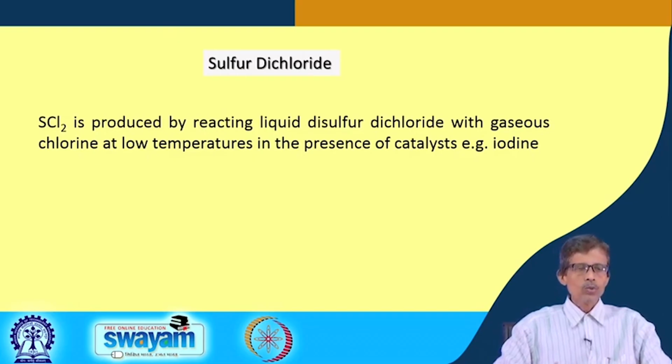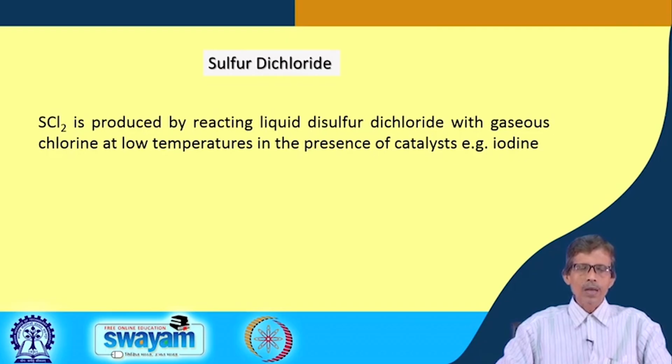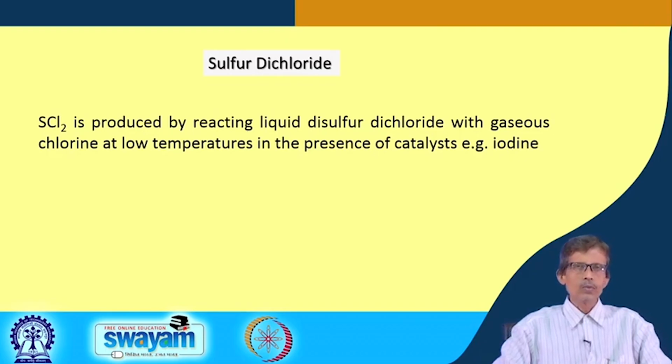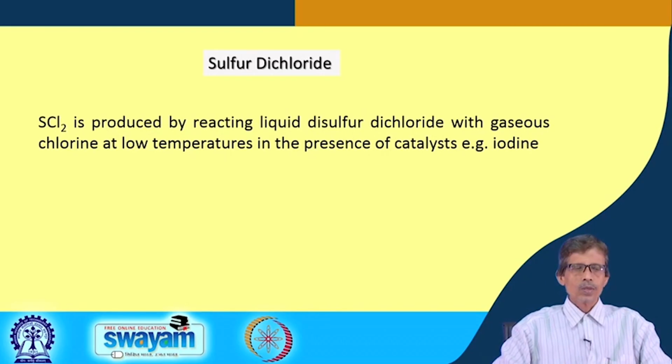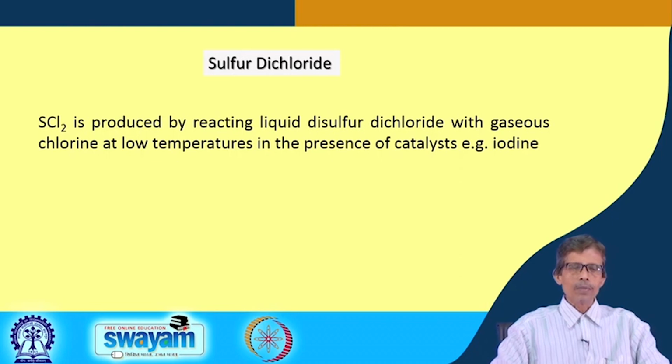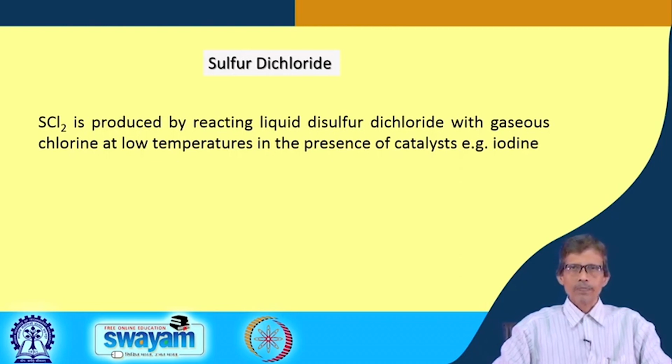So, what we do is react disulfur dichloride with excess of chlorine. That means you have to either remove sulfur or add more chlorine in terms of molecular stoichiometry. So, we do the reaction of chlorine gas with S2Cl2 at low temperature in the presence of some catalyst.